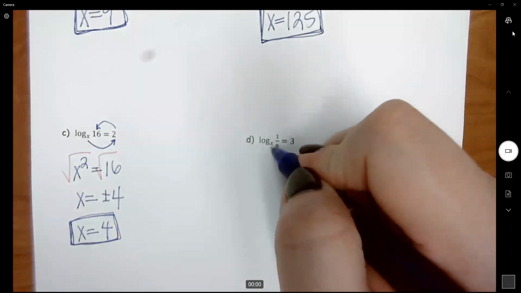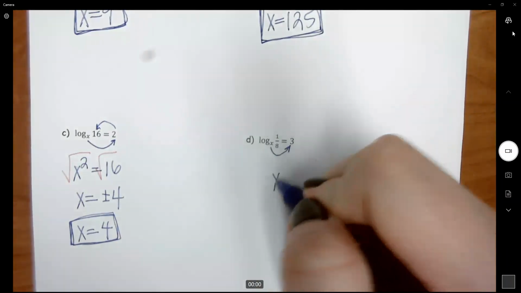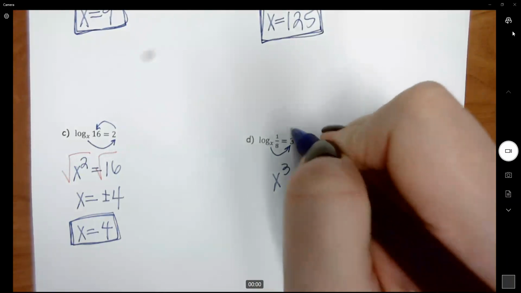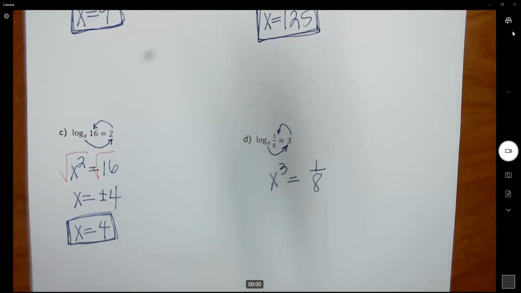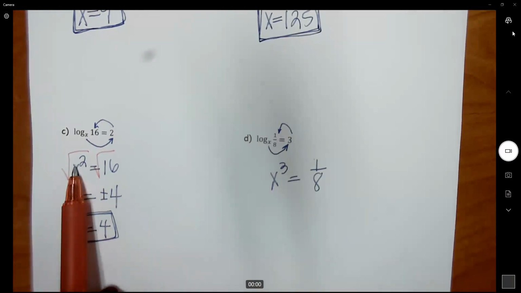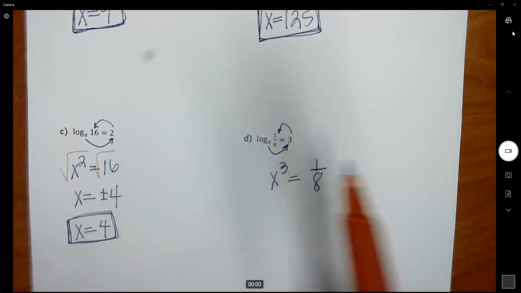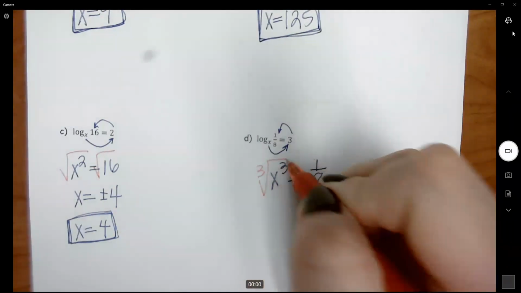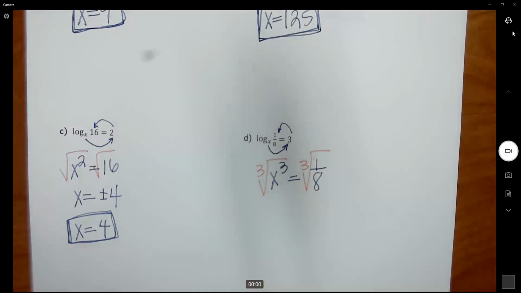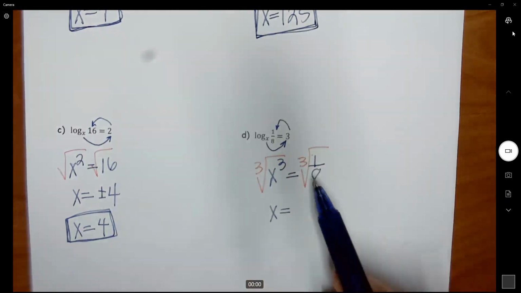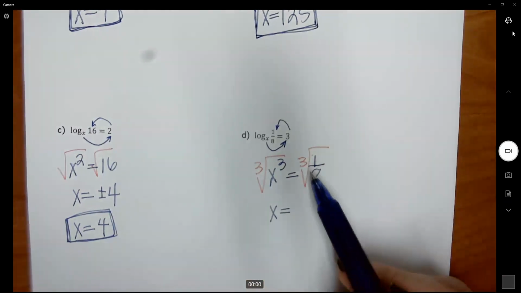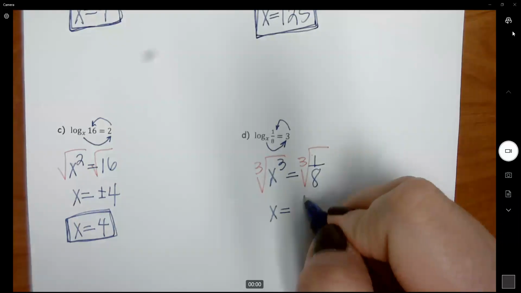Same concept here. x cubed equals 1/8. Just like taking the square root gets rid of squares, to get rid of this cubic root, we'll take the cubic root of every side. So we're going to get x equals the cubic root of 1/8. The cubic root of 1 is 1.